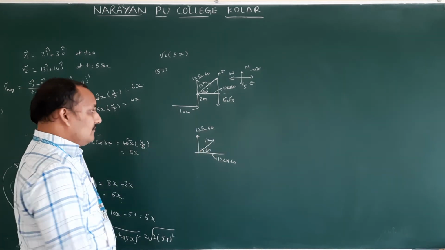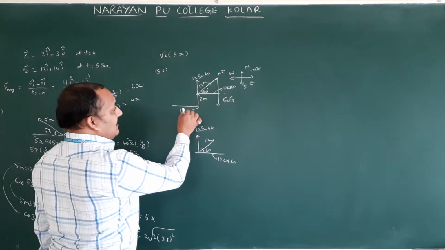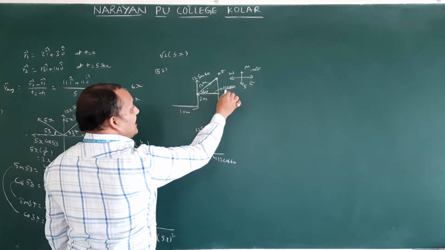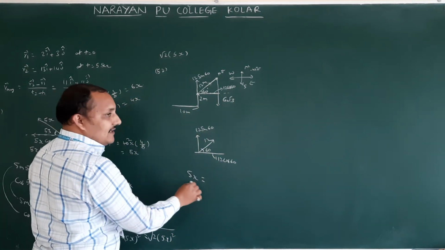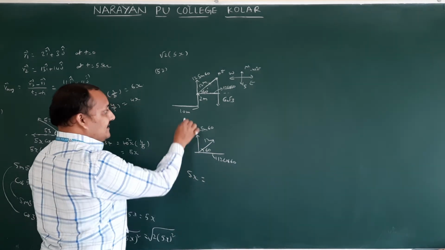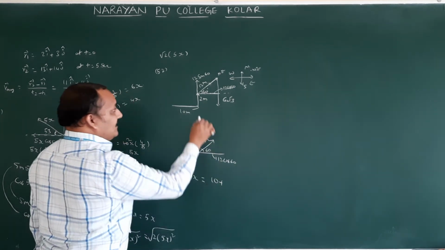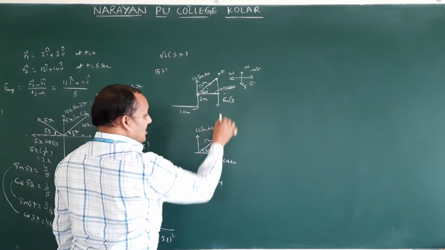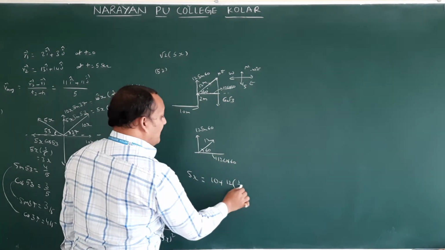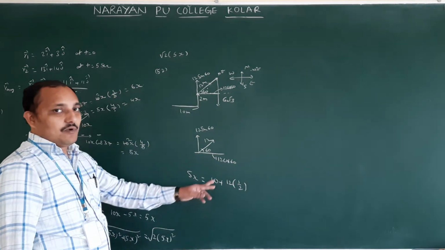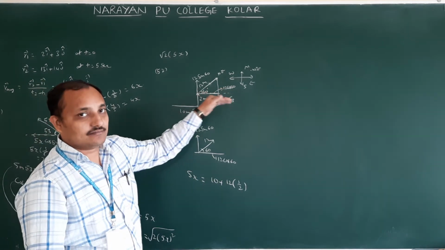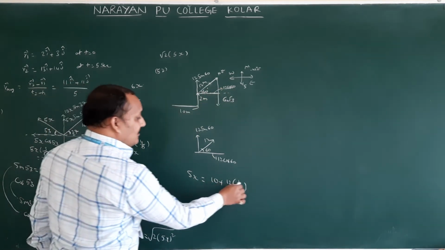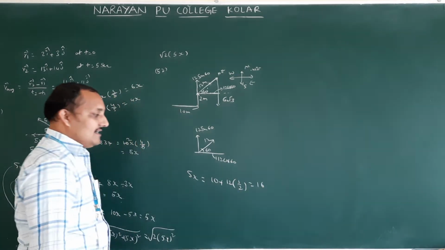Now along x-axis, 10 meters is along x-axis, and 12 cos 60 along x-axis. Therefore Sx is equal to 10 plus 12 cos 60. So 12 into cos 60 value 1 by 2. Is anything else in x-axis direction? Nothing here. Therefore 12 by 2 is 6, so this is going to be 16.